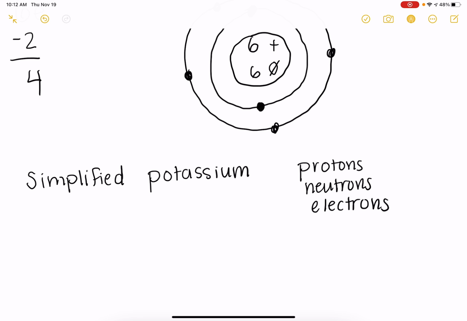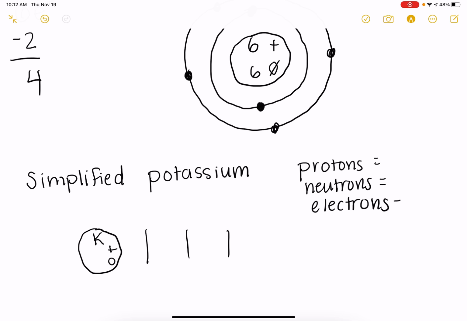How we do our simplified is we're going to draw our nucleus. It has the symbol for potassium, which is K. And then it's going to have our protons and our neutrons, just like the other one. And then instead of drawing circles with dots, we're going to have little shells divided by lines outside of that, but we'll figure that out in a second.